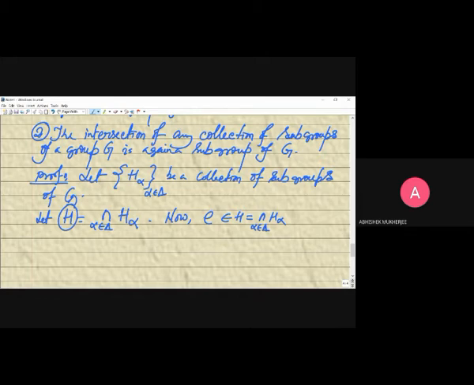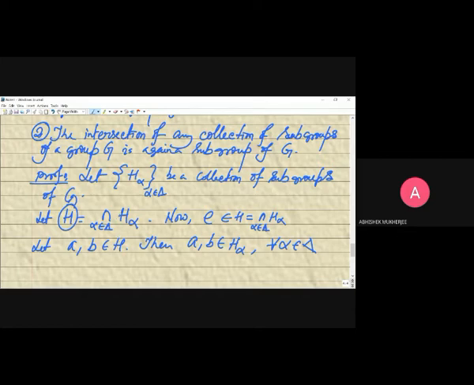Now to check whether H forms a subgroup, we need to consider: let A, B belong to H. Then A, B belong to H alpha for all alpha belonging to delta, right?